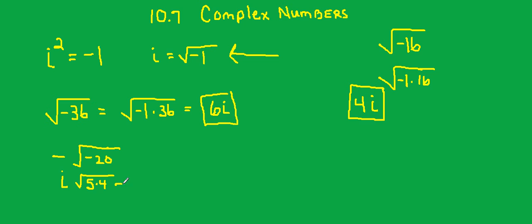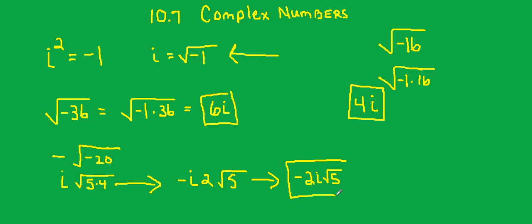Now I can continue. I'm going to end up with negative i, and the square root of 4 is 2, I'll throw it out here, and what's left over is the square root of 5. I could rewrite this in a nicer form, saying that it's negative 2i times the square root of 5. And there we have that one. Alright, good enough. Let's go on to something a little more challenging perhaps.